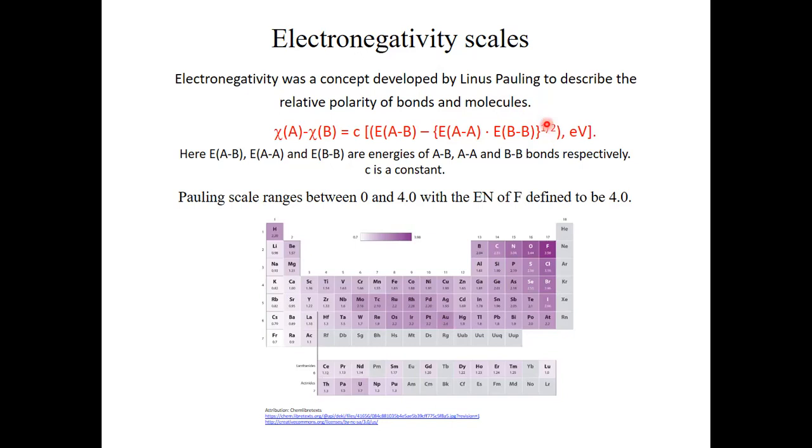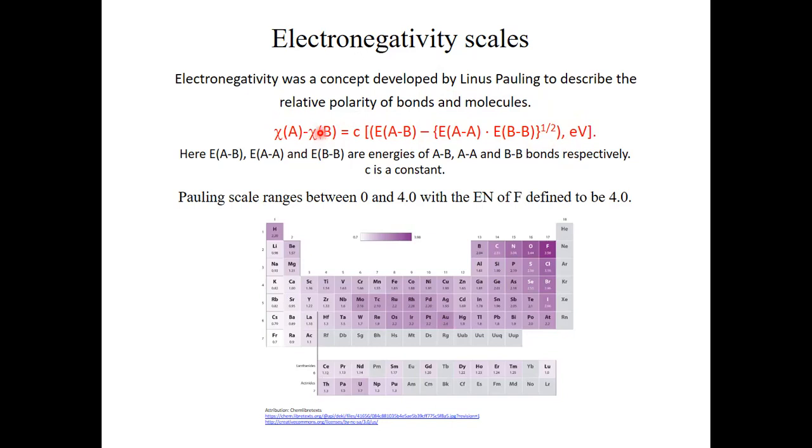This is how the geometric mean is defined, and you just subtract this average energy from the energy of the heteroleptic bonds, and that energy then relates to an electronegativity difference between the two elements.